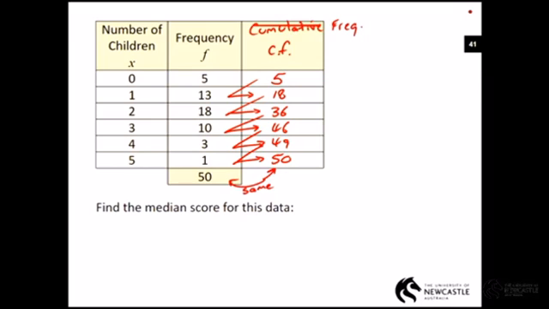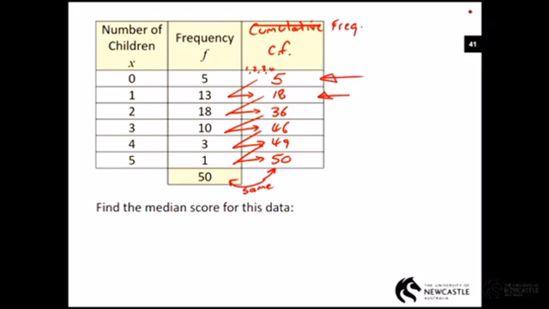Me covering that on the screen doesn't help, but if you just looked at this row, basically that's saying up to the 5th score were all zeros. The 1st, 2nd, 3rd, 4th and 5th scores were all 0. Then this says up to the 18th scores were 1.